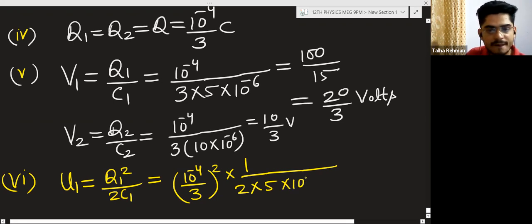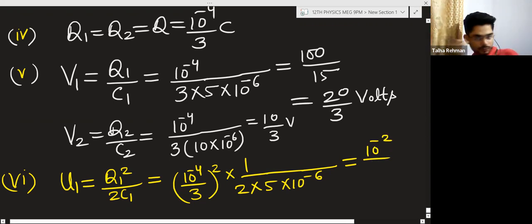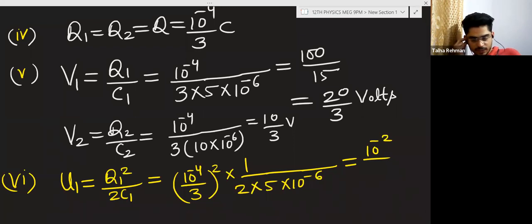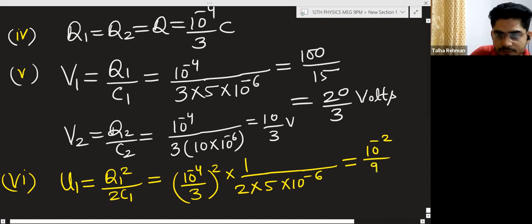When you calculate this, you will get 10 to the power minus 2 divided by 90 joule.